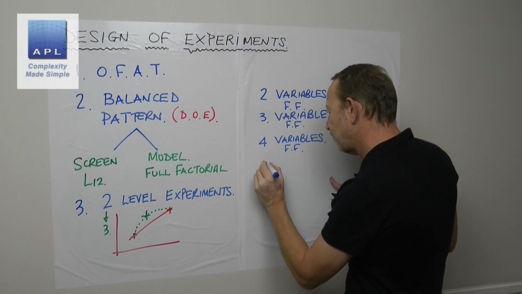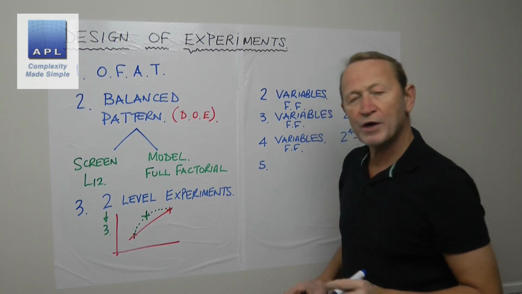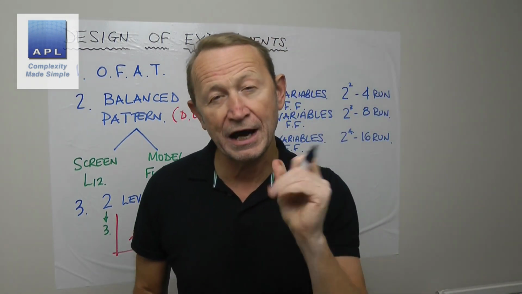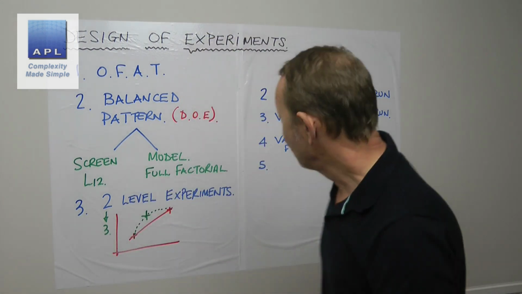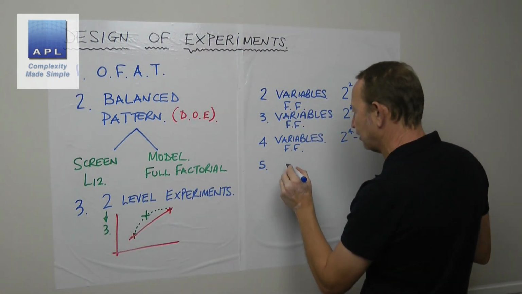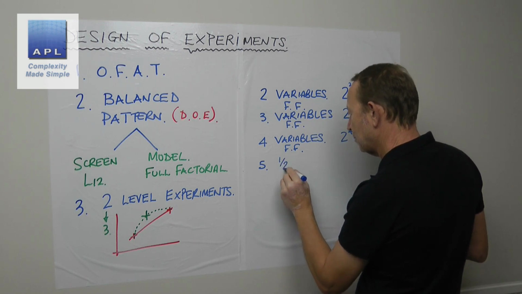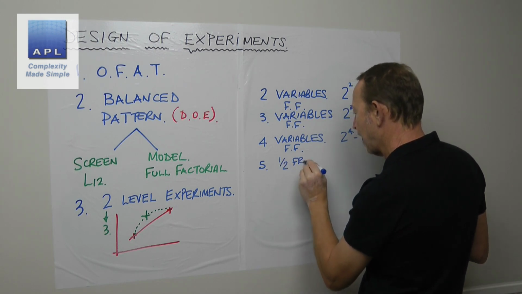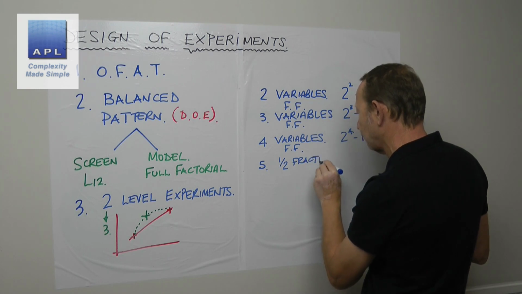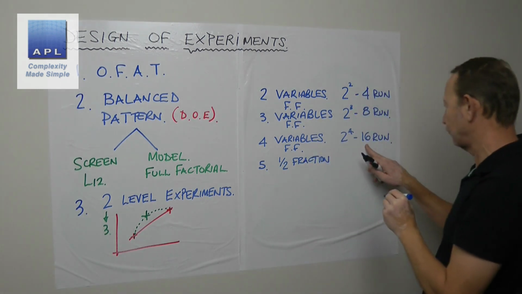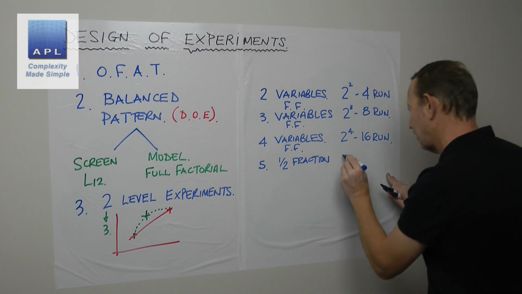Now when we get to 5 variables, we are still going to recommend a modeling DOE, but we're going to try and save some time. We are going to do the half fraction. So not a full factorial, which of course would be 32 runs here.